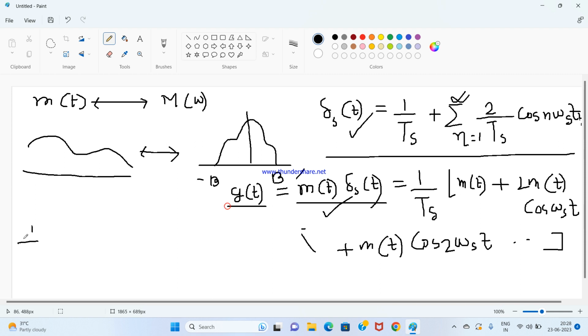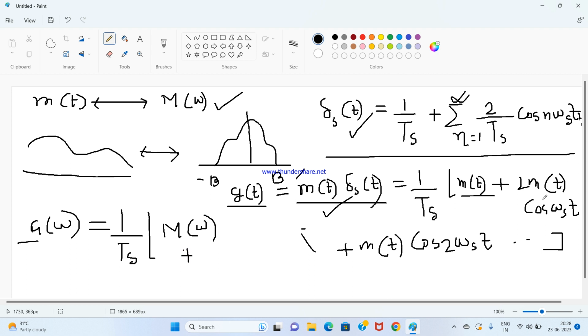If I take the Fourier transform of g t, and assume it is G omega, what will come? 1 by Ts, then m t is Fourier transformed to M omega, and for m t into cos omega s t, using 2 cos A cos B equals cos A plus B plus cos A minus B, one term will come M of omega plus minus omega s.